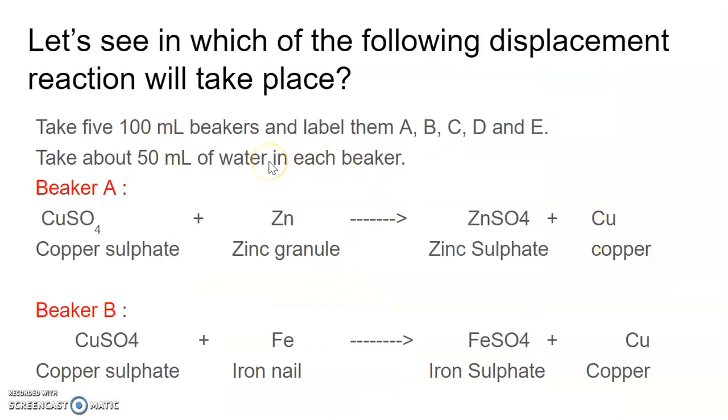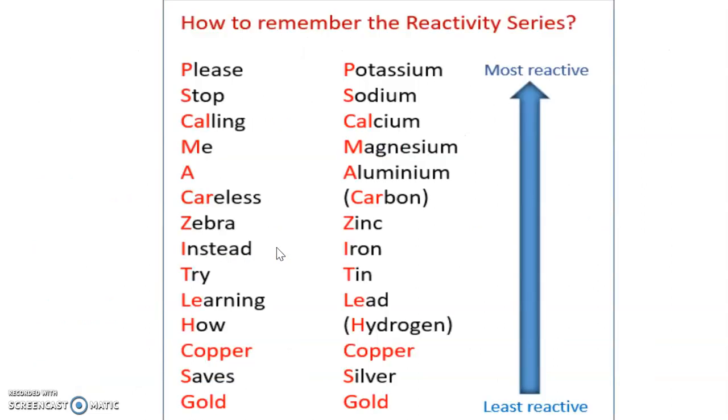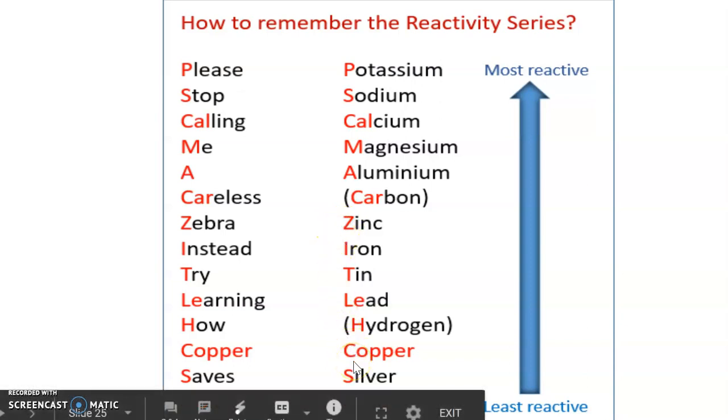For example, let's say we have taken 500 ml beakers and labelled them as A, B, C, D and E, right? In all the beakers we have taken 50 milliliters of water. In beaker A we have added copper sulfate plus zinc, right? So whether the reaction will take place or not? Yes, the reaction will take place because zinc is at the top and copper is at the bottom.